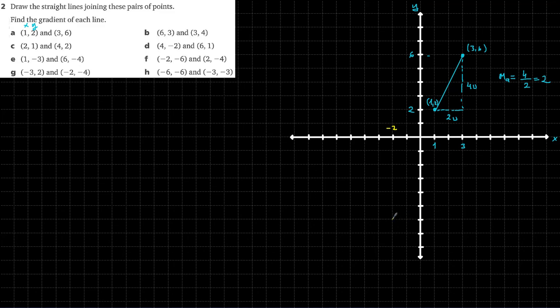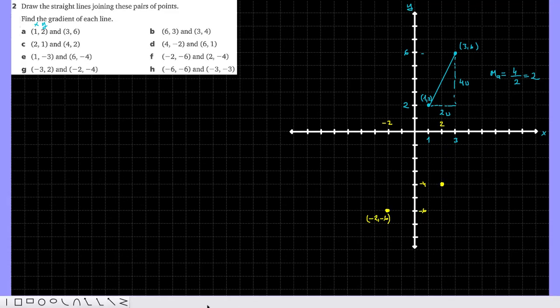So this is the first point, (minus 2, minus 6). The second point is 2 and minus 4. X is equal to 2, y is equal to minus 4. The intersection point should be here.